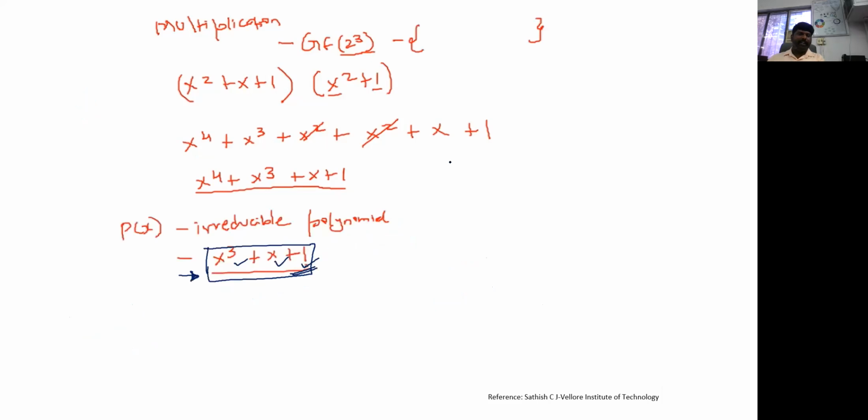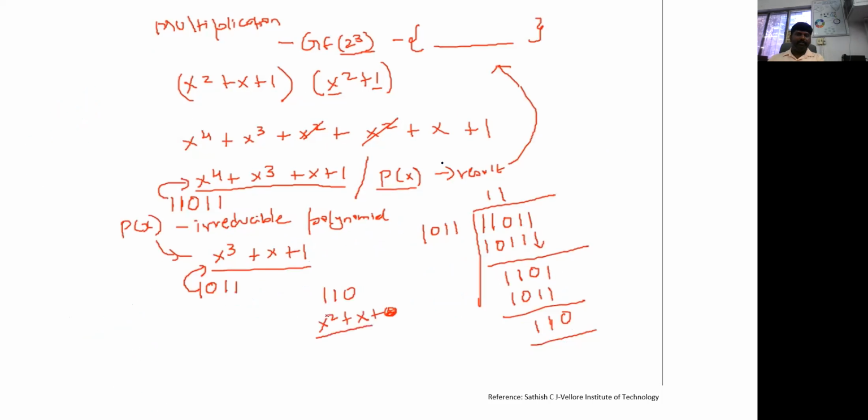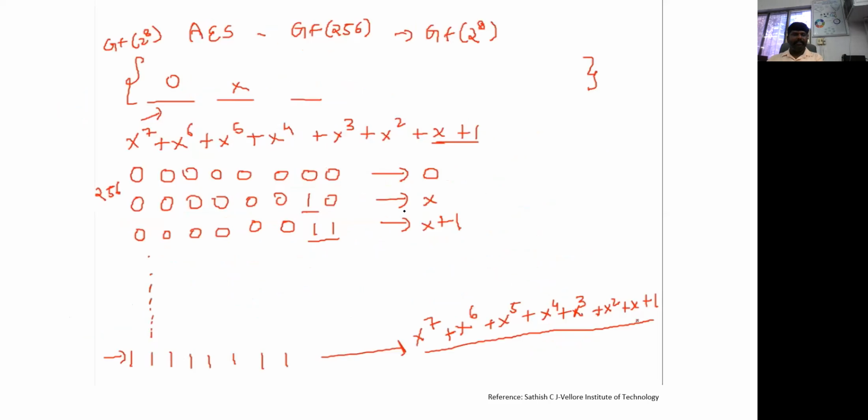Similarly, if you multiply the values, it is the same concept which I explained. When we talk about the Advanced Encryption Standard, now I am coming to the actual requirements. I need to explain about 2 power 8 because when we talk about the Advanced Encryption Standard, each byte has 8-bit values.